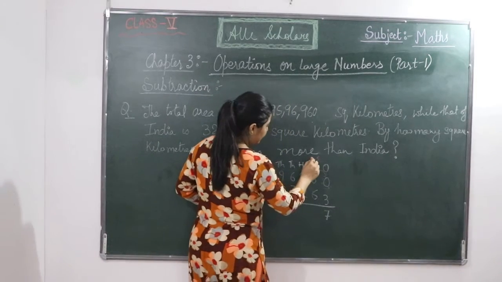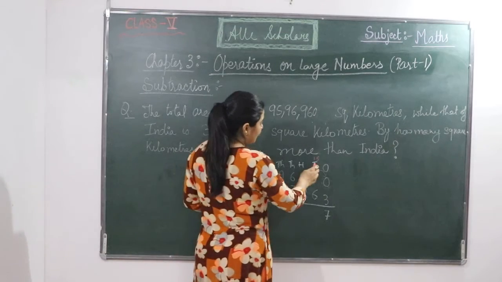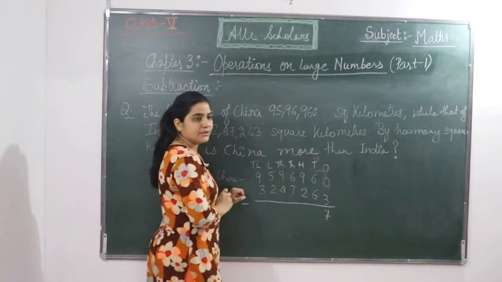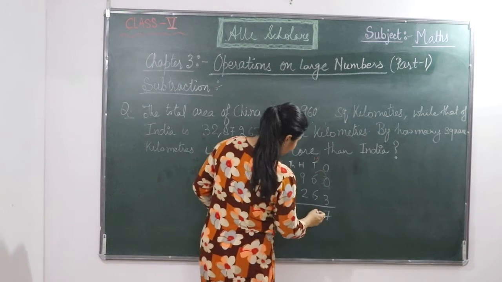So 1 carry from 9, it is going to be 15. 15 minus 6, what is it going to give you? 9. Okay?